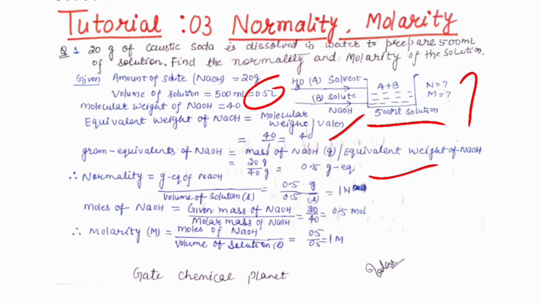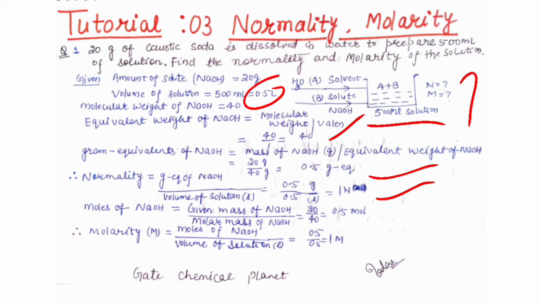Now we put the values in the formula: gram equivalent is 0.5 and the volume of solution is 0.5 liters. So the normality equals 1 N.